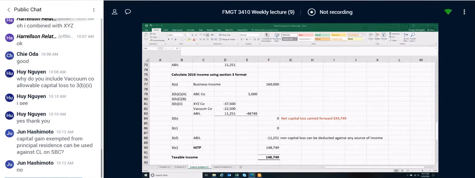So why would you be able to use the exemption on SBC? And again, principal residence exemption, when does that apply? If you look at your triggers, what do you have to have? For a principal residence, what has to happen? What's the condition on a principal residence exemption?